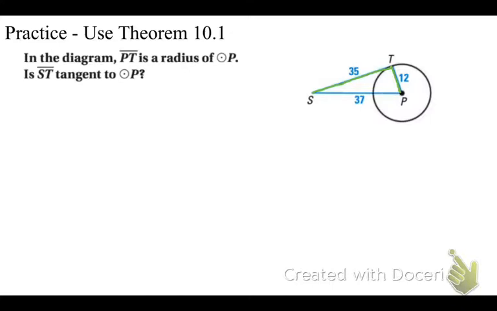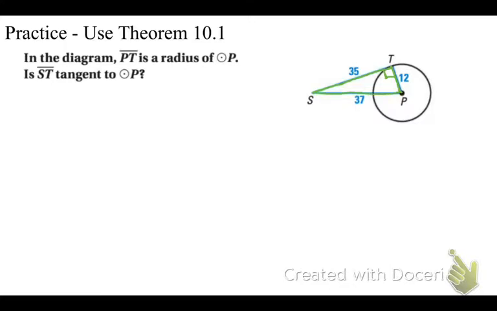But we know by our theorem that if ST is a tangent, then this angle has to be 90 degrees. But there's no little drawing on here, except what I did, that says that it's 90 degrees. So how do we prove that this triangle here is a right triangle?